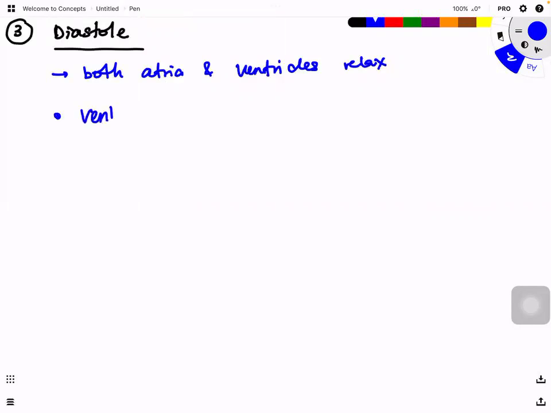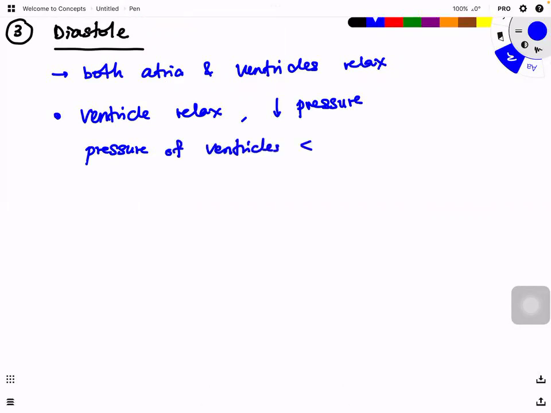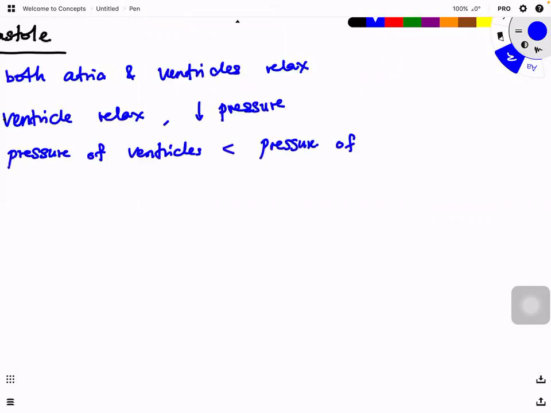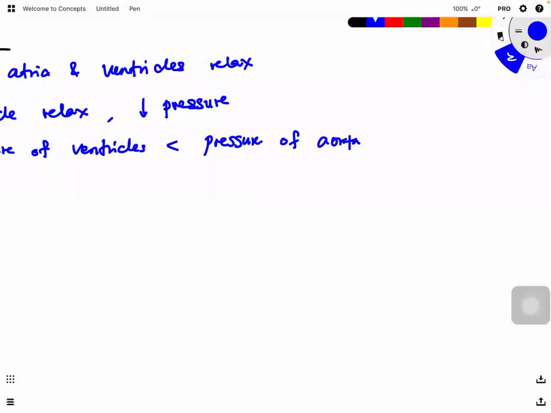When the ventricle relaxes, it means the pressure decreases. So the pressure of the ventricle is lower than the pressure of the blood inside the aorta or pulmonary artery. So what will happen?